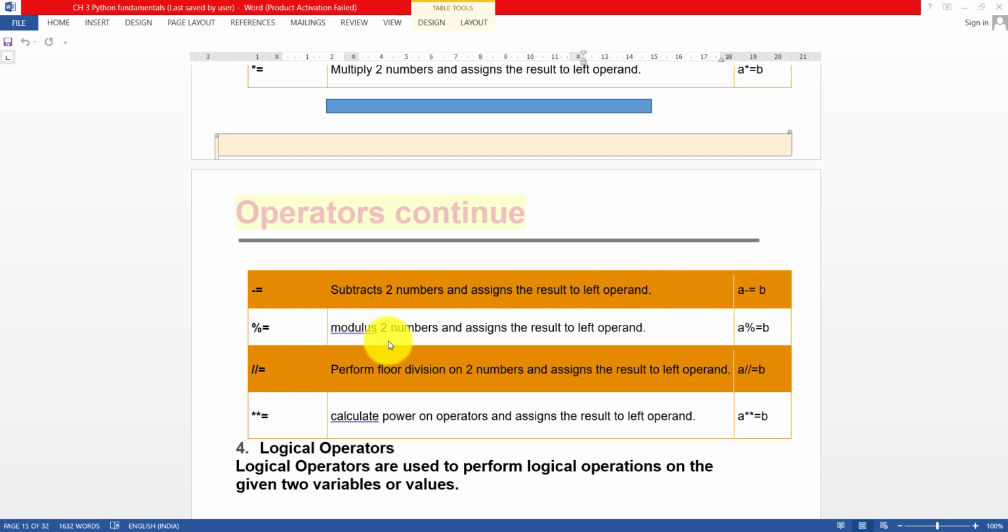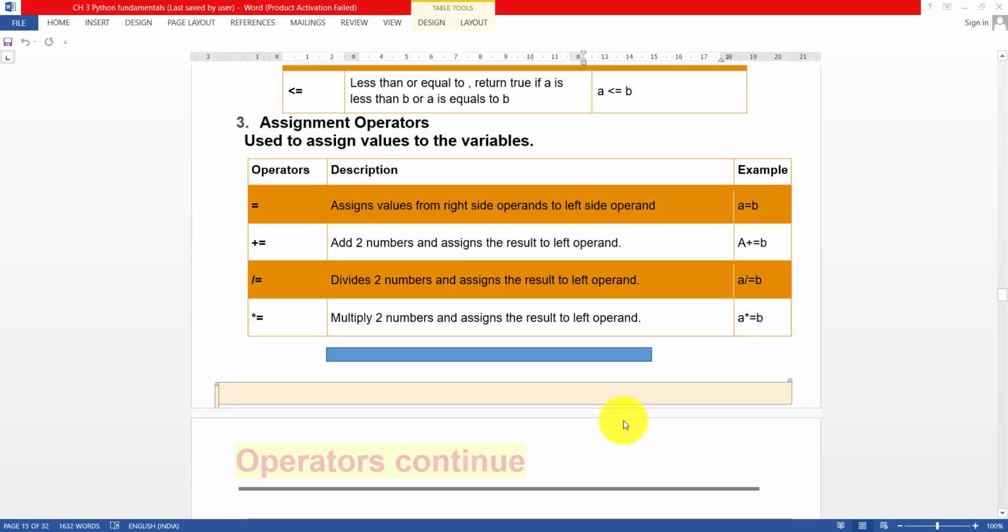Modulus equal, modulus of two numbers, assigns the result to the left operand. Double slash equal is floor division of two numbers, assigning the result to the left operand, and double asterisk equal finds the exponent and assigns it to the left operand. So these all are the assignment operators.